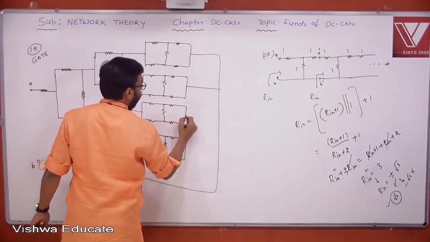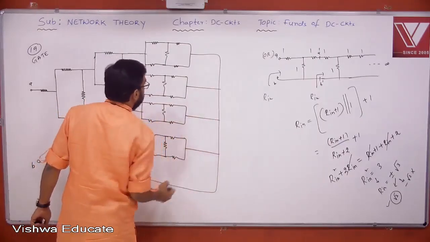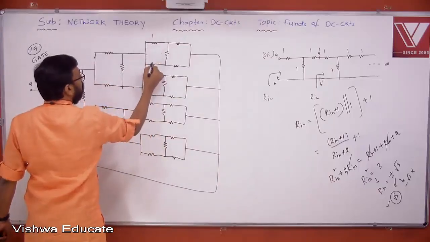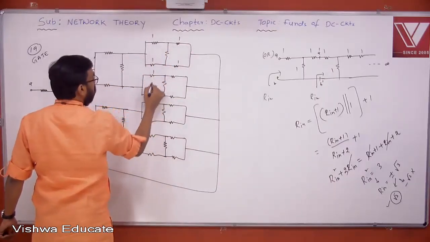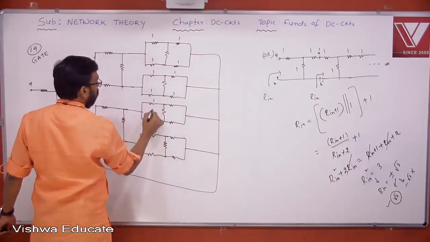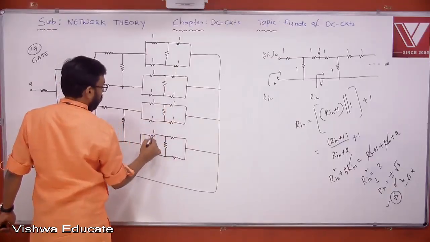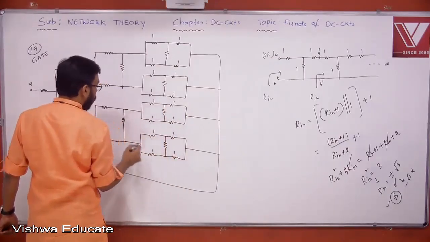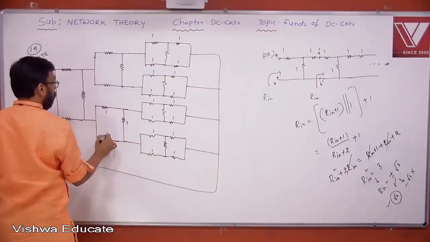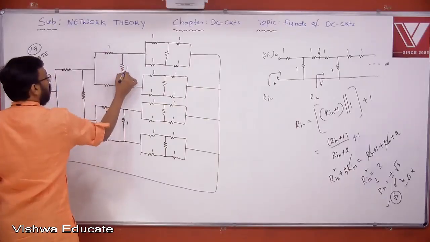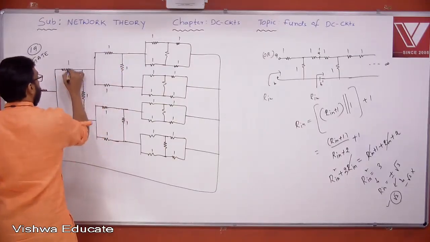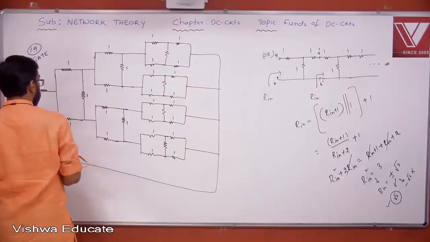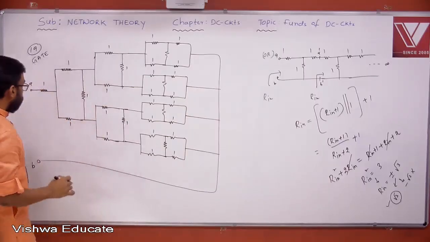1, 1, 1, 1. All are 1 ohm here. All are ohmic values.